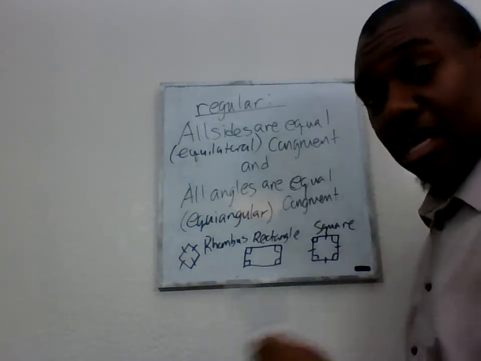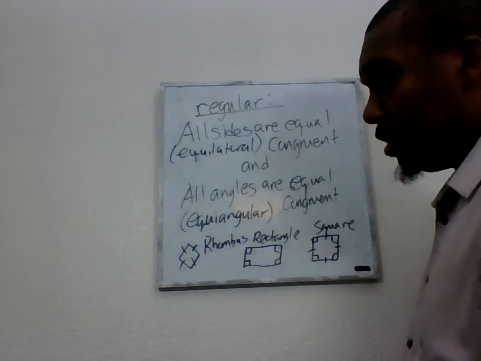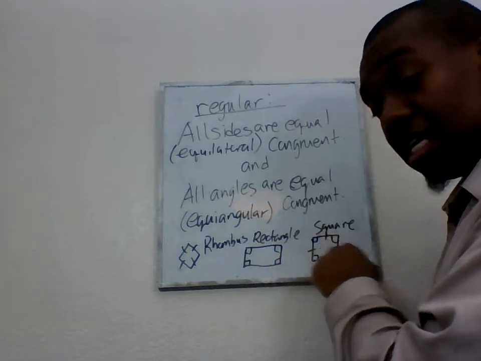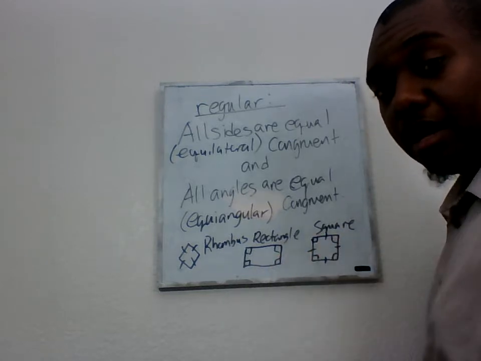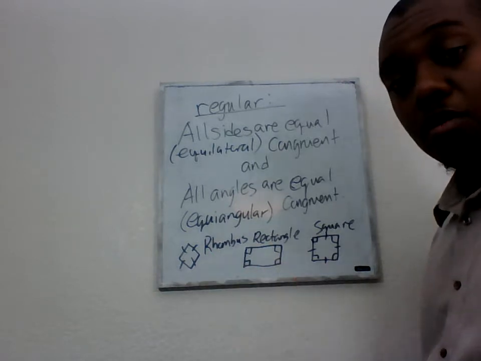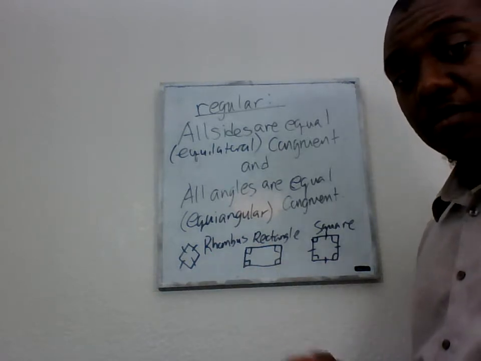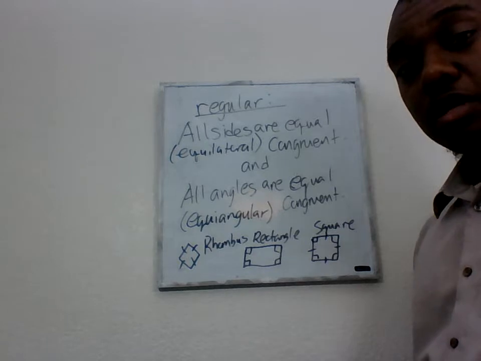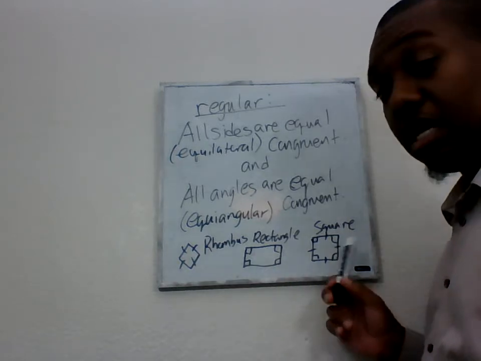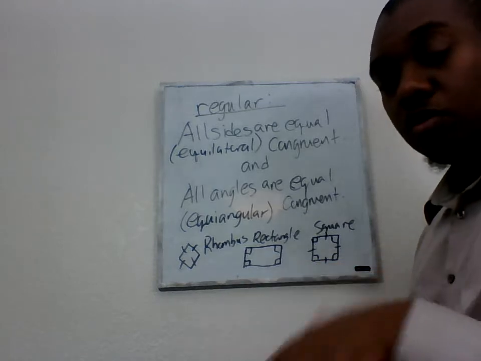These are all not the same. They are different. This has all equal sides. This is all equal angles. This has both all equal sides and all equal angles. All right. And we'll study that more when we're looking at quadrilaterals, because that's a very important difference to understand. Because a lot of times when people see one of these, they automatically say it's a square, and that is not true at all.